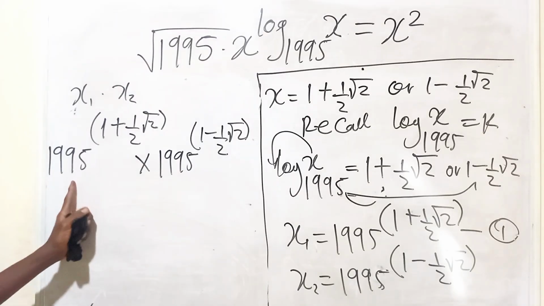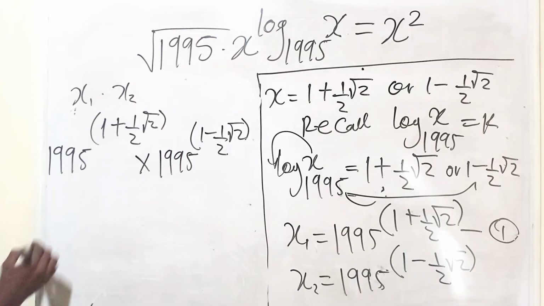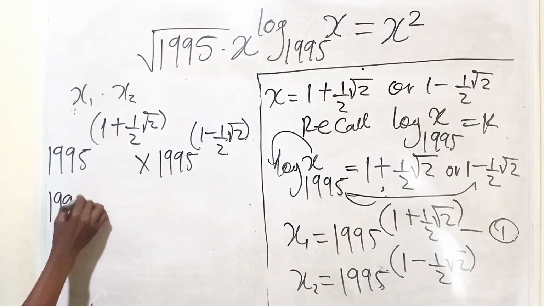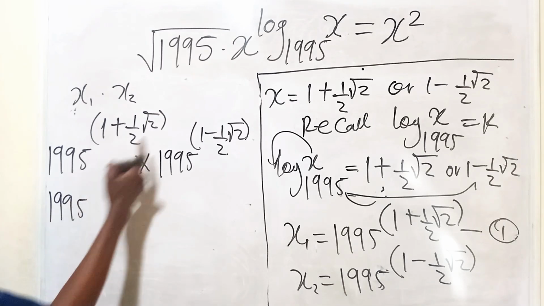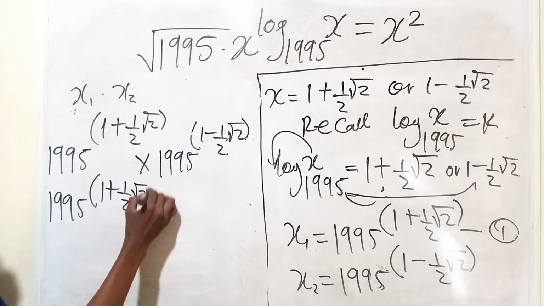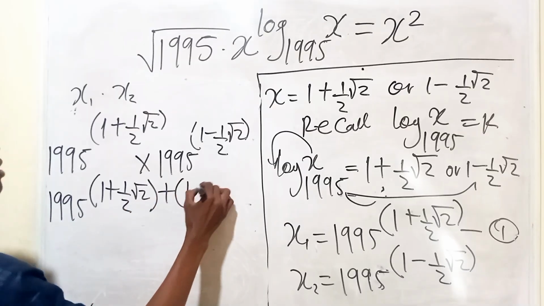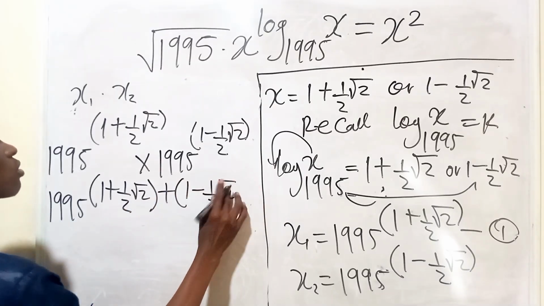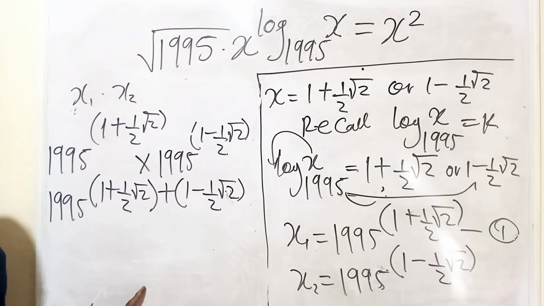Now, since the bases are the same, we'll take one of them and add the powers. So this becomes 1995 raised to the power of 1 plus 1 over 2, the square root of 2, plus 1 minus 1 over 2, the square root of 2.